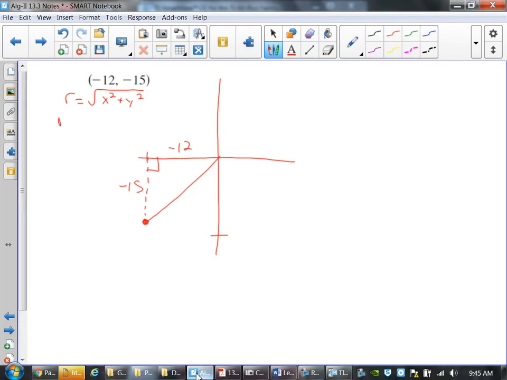So the only tricky thing here is that you have to do some rationalizing. Vaguely remember that? Maybe a little bit. All right. So if I'm going to do cosine, x over r, it's going to be negative 12 over 3 root 41, which means I have to rationalize and simplify my fraction.